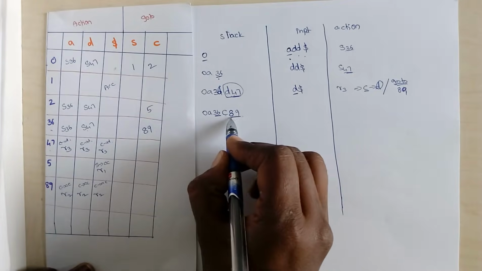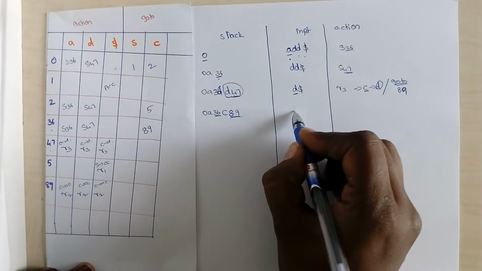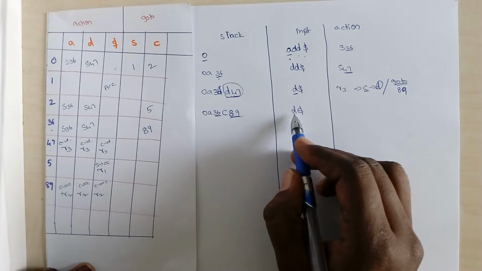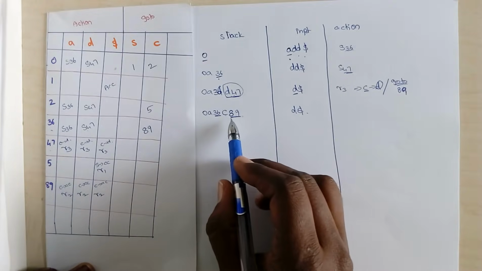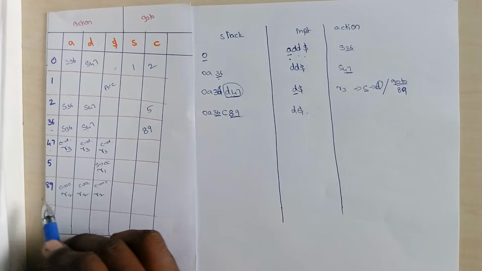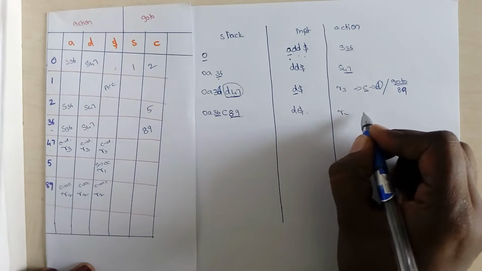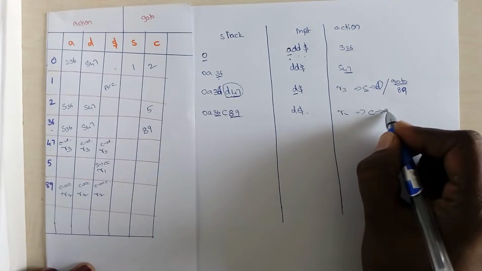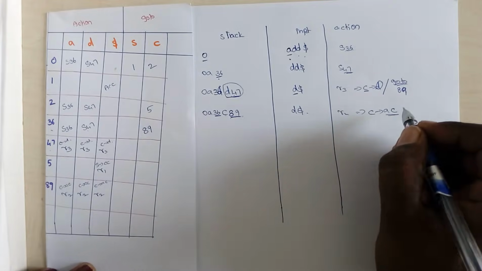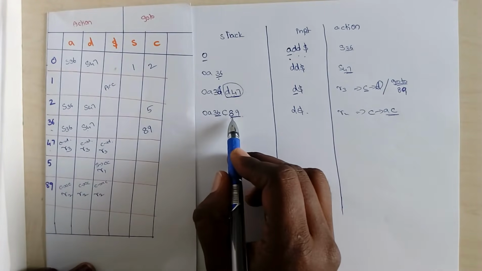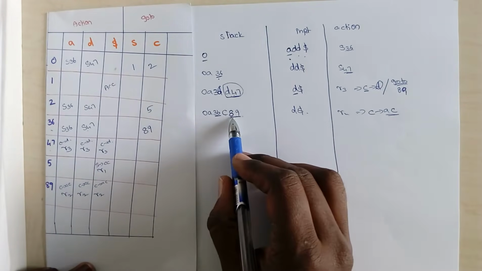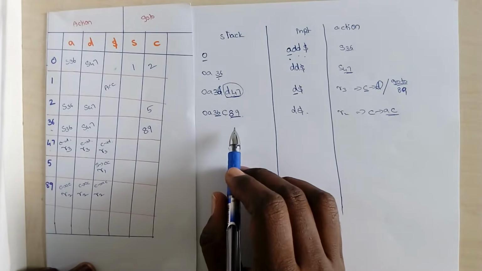Now the topmost element of the stack is state 89, and the input contains D and dollar. We have to check what is there in 89 comma D. So 89 comma D is reduce with production number 2, that is, reduce with the production C tends to AC. So in the stack we have to pop out all the elements until a handle occurs. First we pop out A. When it is a state, we leave it.